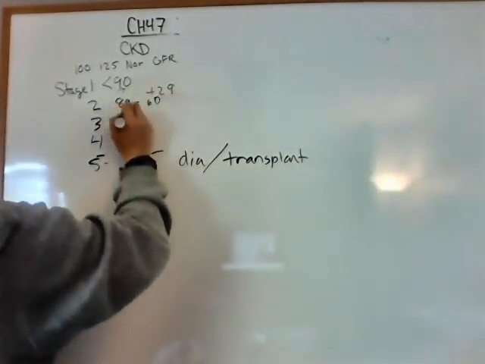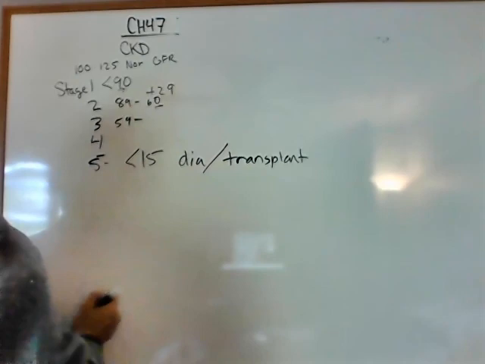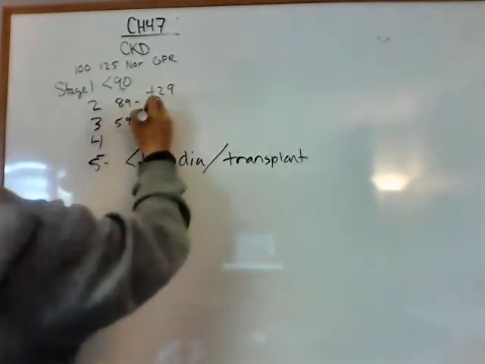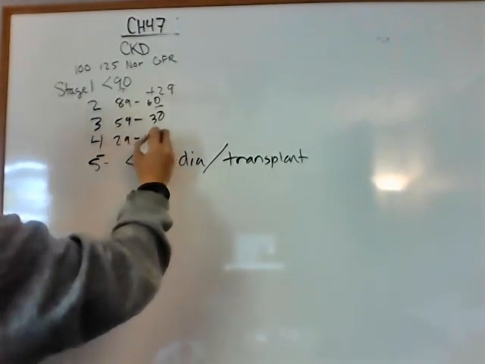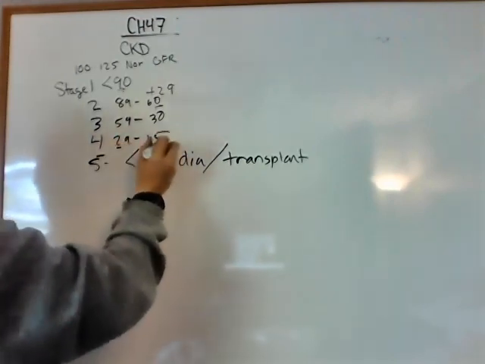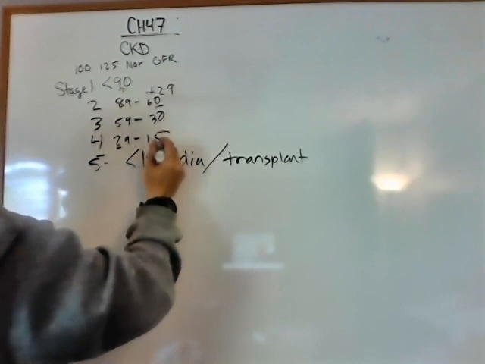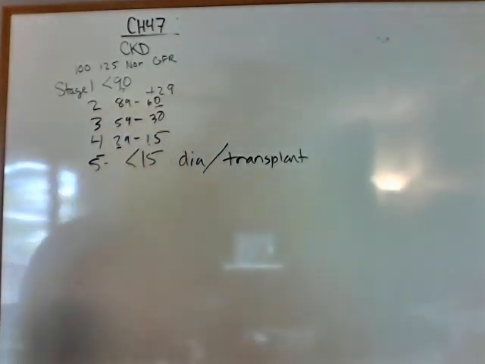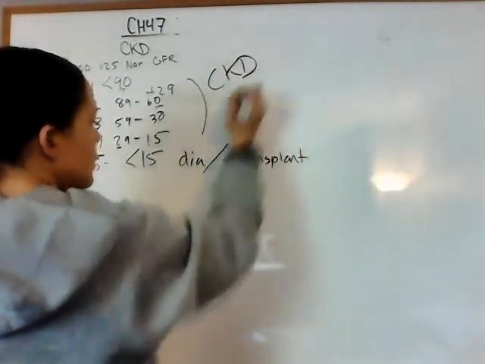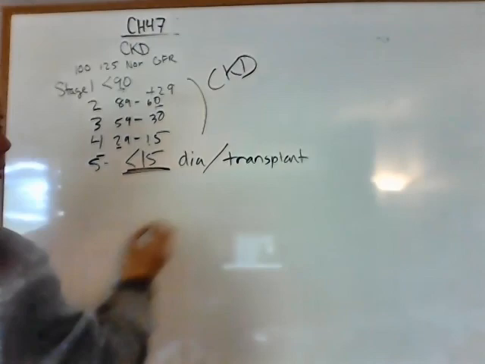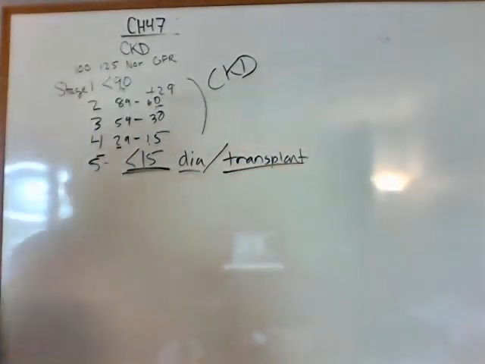Alright, your next one's going to be 59 because there's 60, and going down 29 from that, that's going to put you at 30. Now this one doesn't make as much sense, but that one's going to be 29 to what it really should be is 16, but anyways. So those are your stages, stage 1, 2, 3, 4, and 5. These are the stages of chronic kidney disease, and again, this is where your 15 is your dialysis or transplant, and that's it.